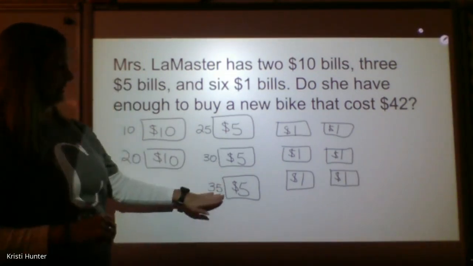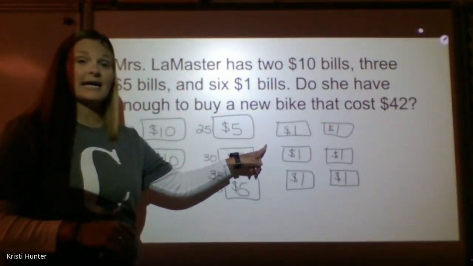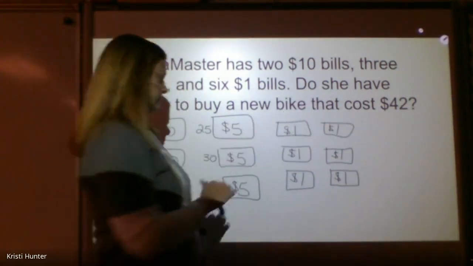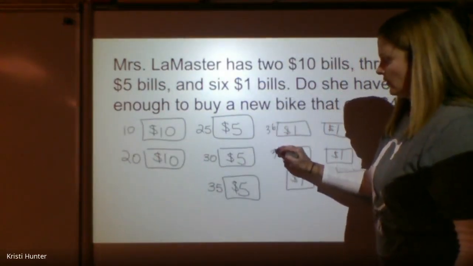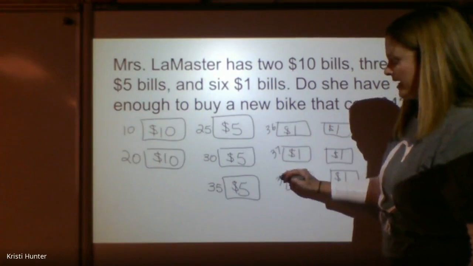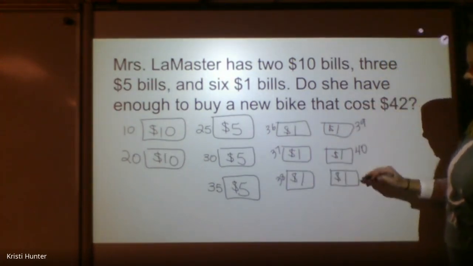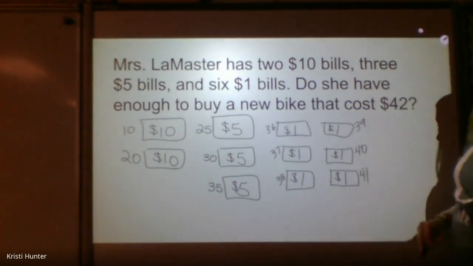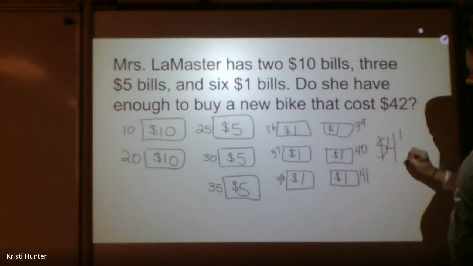All right, I left off at 35. I'm going to continue to count on, but this time by ones. So 35, 1 more makes 36, 37, 38, 39, 40, and 41. So Miss Lemaster has $41.